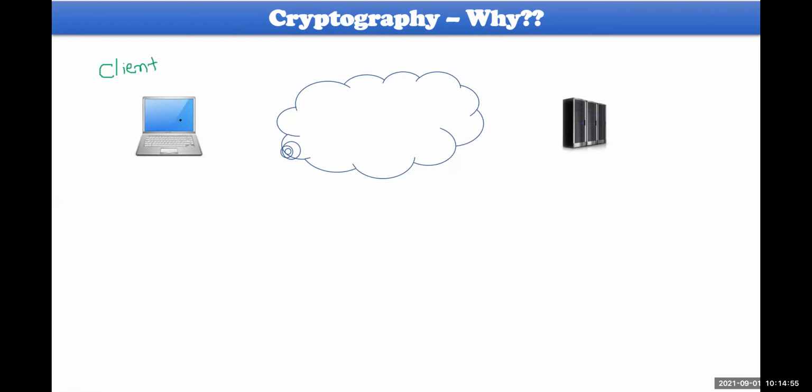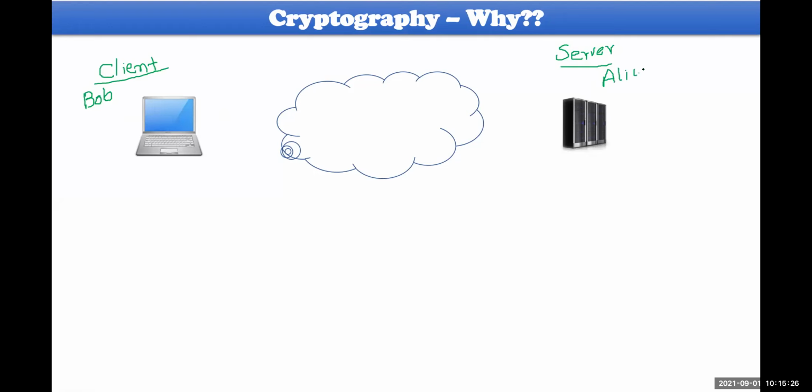That is client and server, and the client will always be considered as Bob. So what two characters are taken into consideration in cryptography and network security? They are Bob, the client, and the server, whatever it may be. And the server will always be taken as Alice.